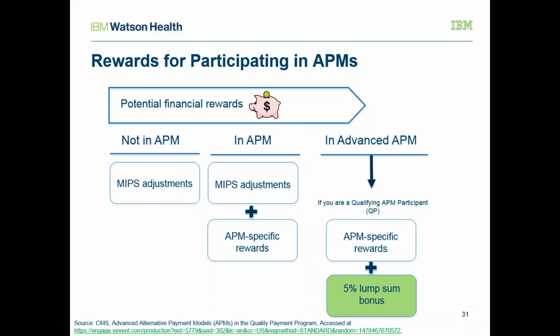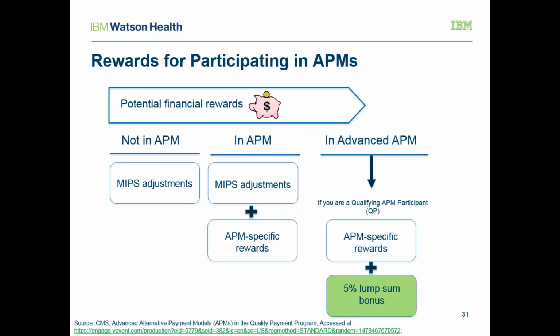If you're in MSSP Track 1, you can still submit all your ACO metrics, and that will count for your MIPS. And then you continue to still get your APM-specific awards. So you still get your shared savings if you're still jumping through all those hoops, if you're performing well on your ACO metrics, meeting your targets, and also bringing down your costs, you will share in those savings.